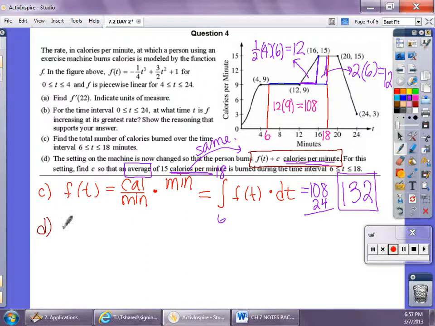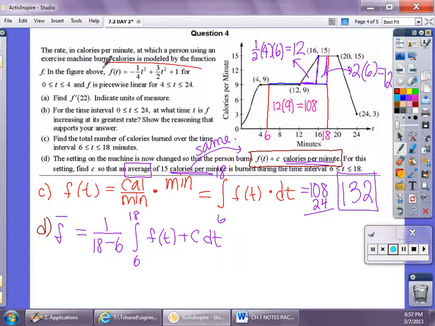So the average value of f of t would be 1 over, I want to find it from 18 to 6, integral from 6 to 18 of f of t plus c. Now, from 6 to 18, you want to make sure you don't reuse this function up top, because that's from 0 to 4. What I want you to notice is we actually did part of the question already.